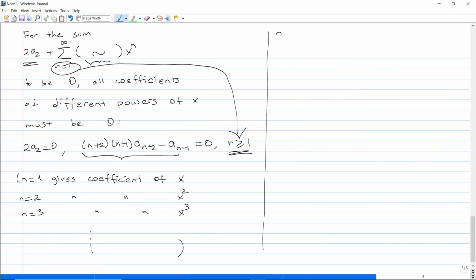All right, so from the first equation, we have the number a2 equal to 0. So the coefficient a2 must be 0. Then for the other equation, we solve for a n plus 2. This is equal to a n minus 1 divided by n plus 2, n plus 1 for n greater than or equal to 1. So this formula is called a recursive formula.